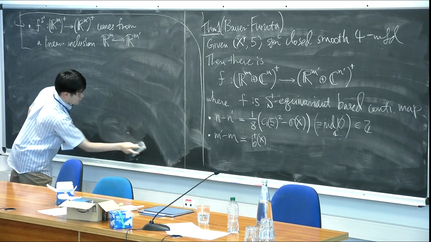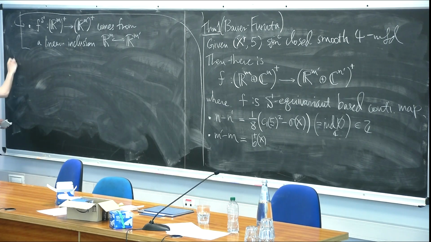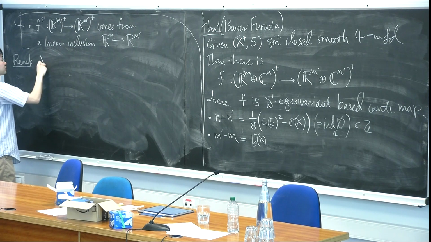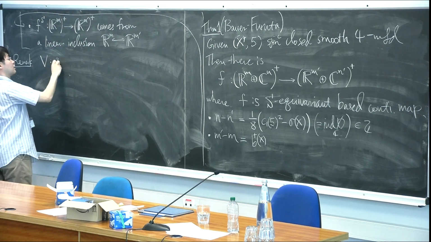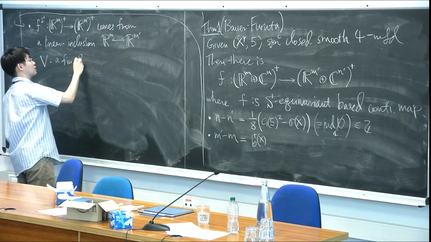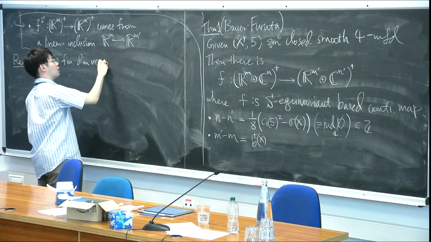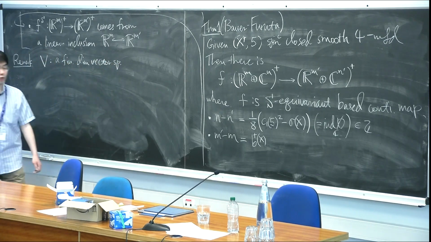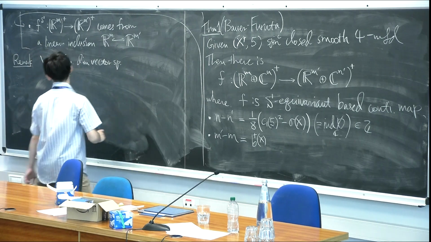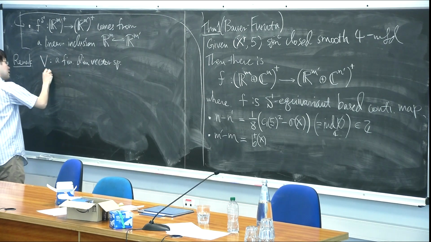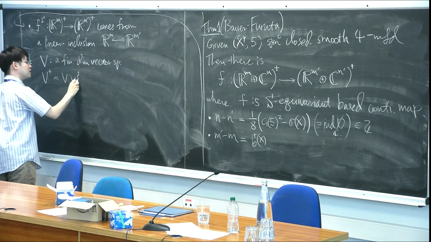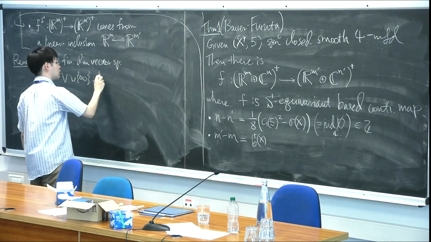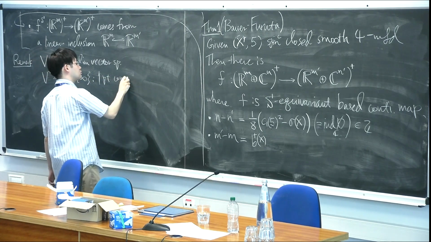A couple of explanations. First of all, it already appeared a couple of times, but this plus means a one-point compactification. Let's say V is a finite-dimensional vector space, well, over R or over C, I don't care. Then V^+ means the one-point compactification of V. Okay?